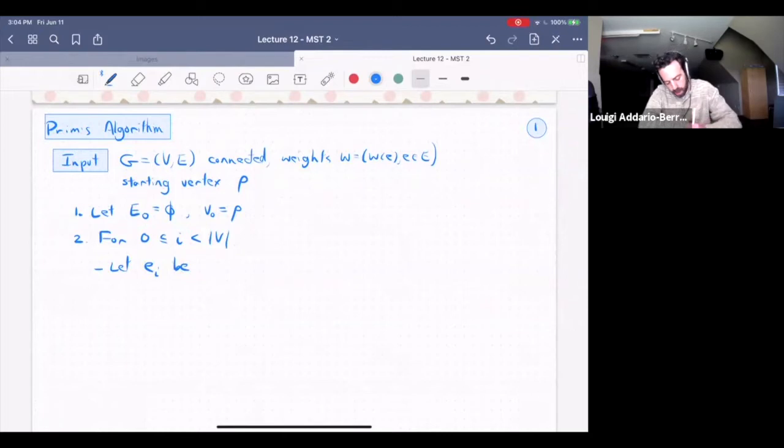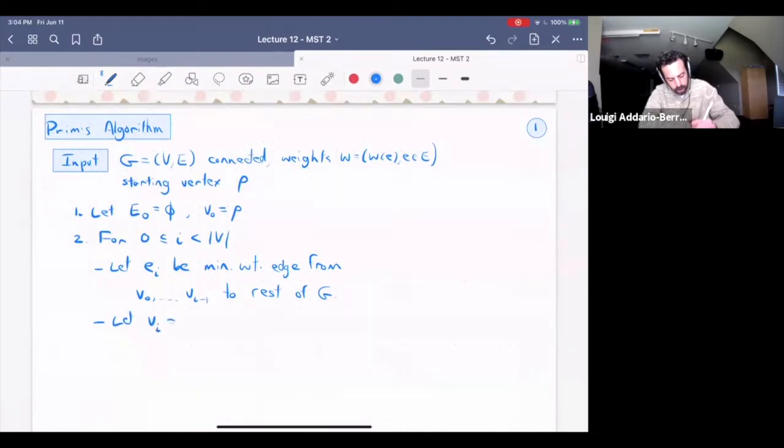So e_i is the minimum weight edge from v_0 up to v_{i-1} to the rest of G. And that will be the newly added vertex.